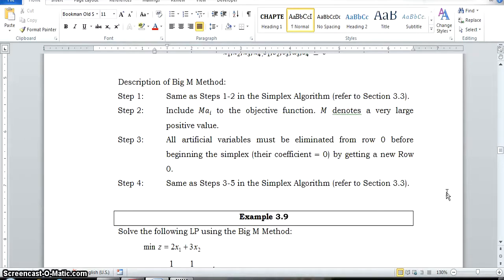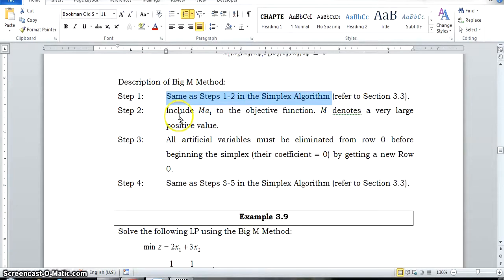This is a formal description of the Big M method. The first step is to make sure the right-hand side of each constraint is non-negative before we convert the model to standard form. Then, we need to find the basic variable for every row. An artificial variable is added to the constraint with no basic variable.